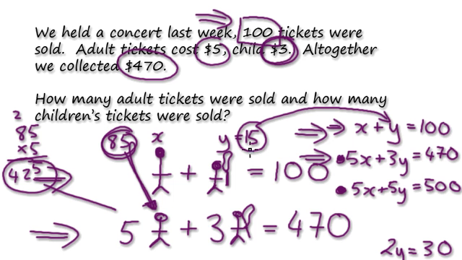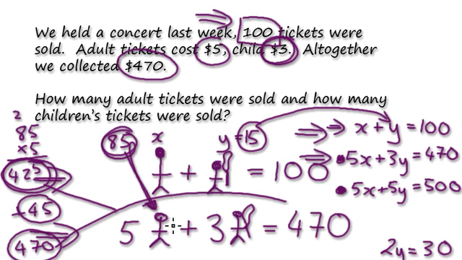And then 3 times 15 is 45. So add the two together, that would give us 470. So this is satisfied and this is also satisfied.